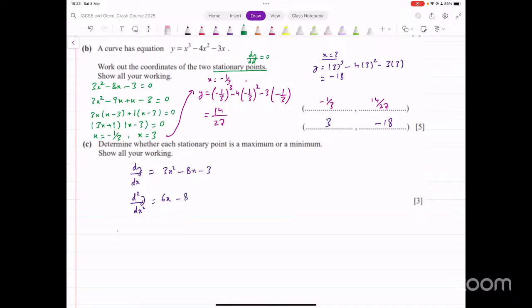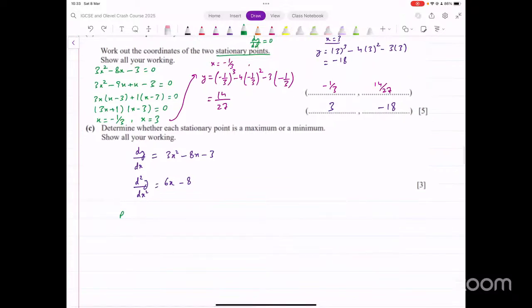Now you put those values of x, right? This is in terms of x. We can only know if it's positive or negative once we input those values of x. So one value of x is minus 1 over 3. That's the x coordinate of one stationary point. And then the other stationary point is x equals 3.